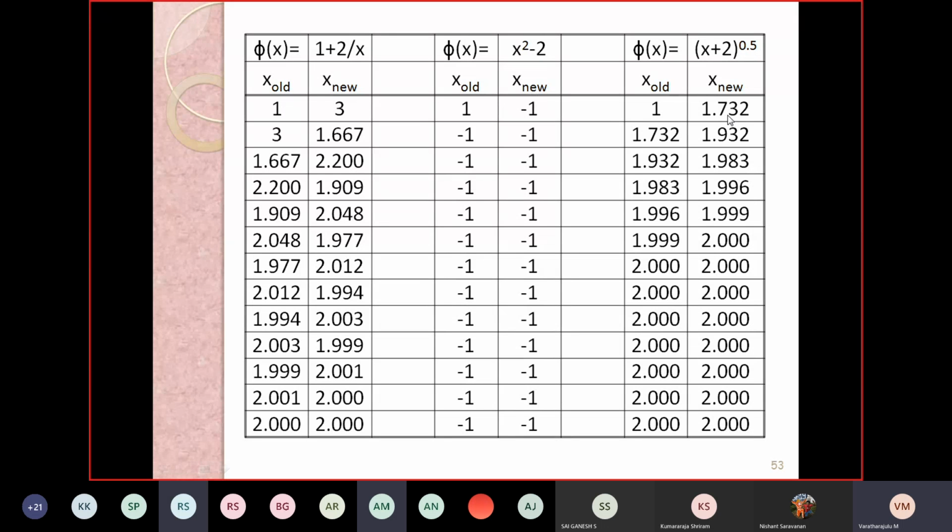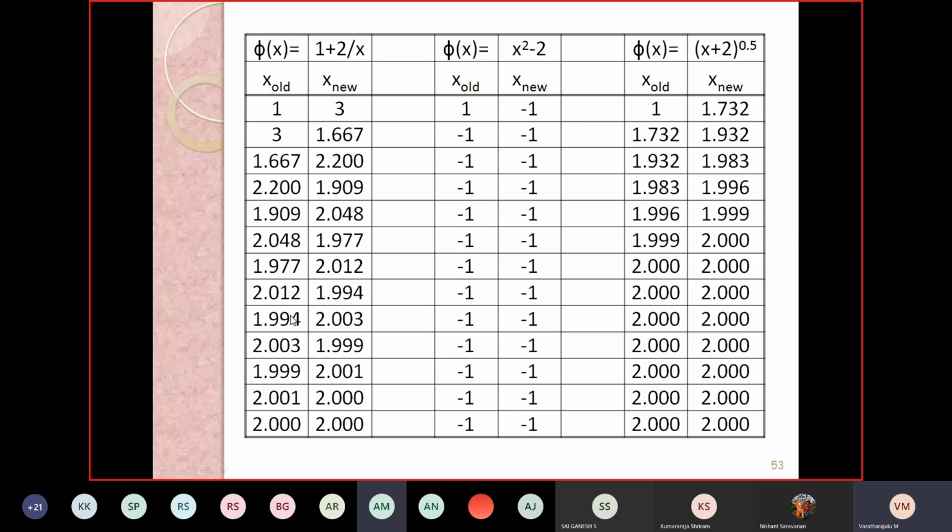And concerning the result, for this particular case the result is 2, and we are getting the older and newer value the same at around the 15th or 18th iteration for the first particular case.